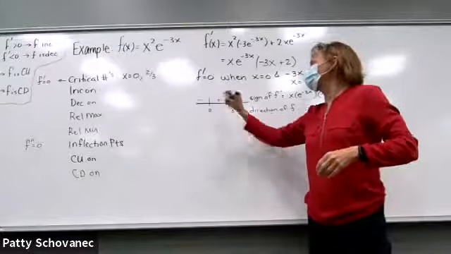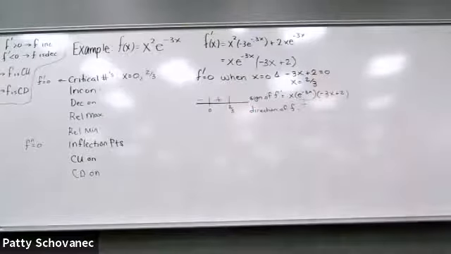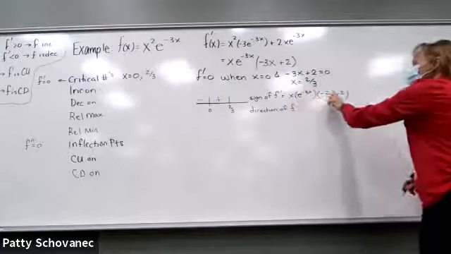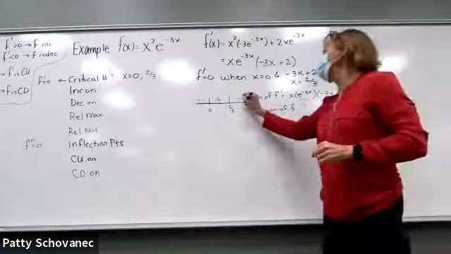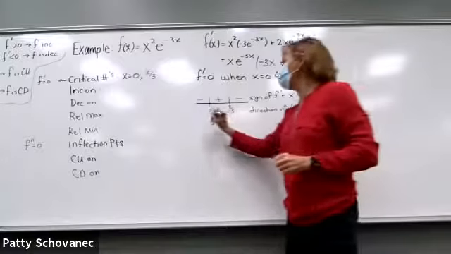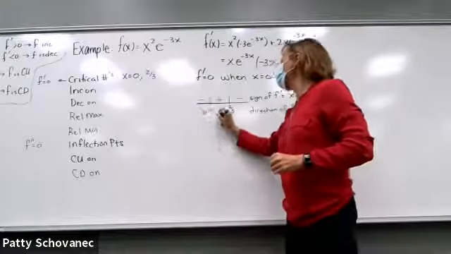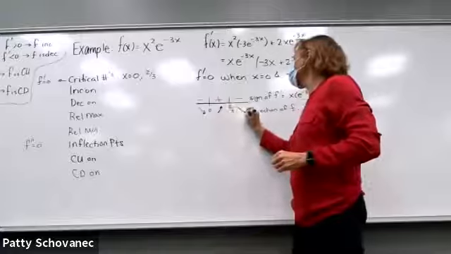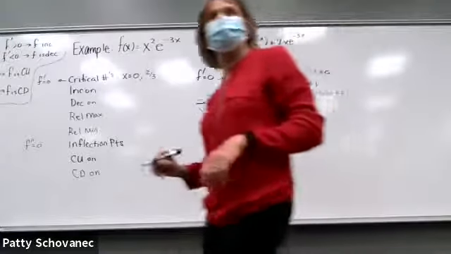Positive times a positive is positive. And then if x is 1, we get positive, positive, negative. So the graph drops, rises, drops, and we have both the max and min.